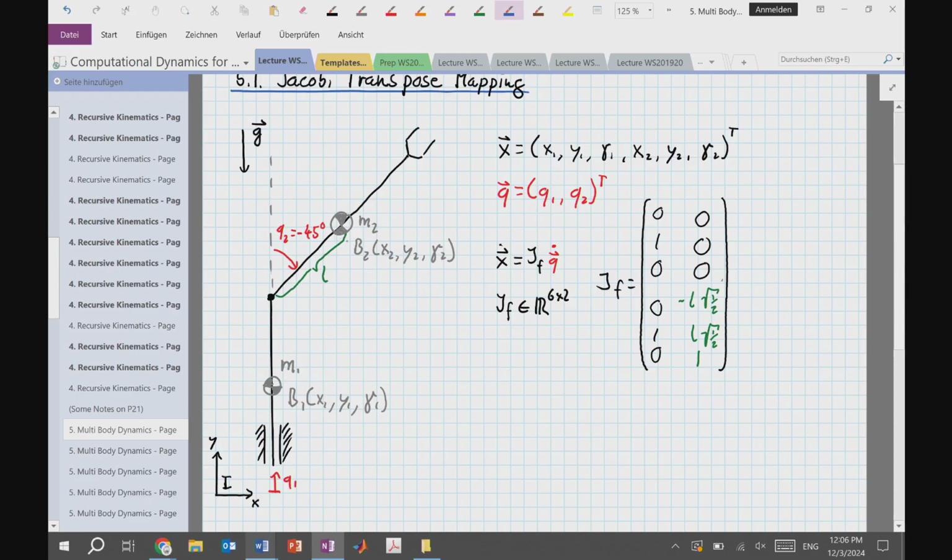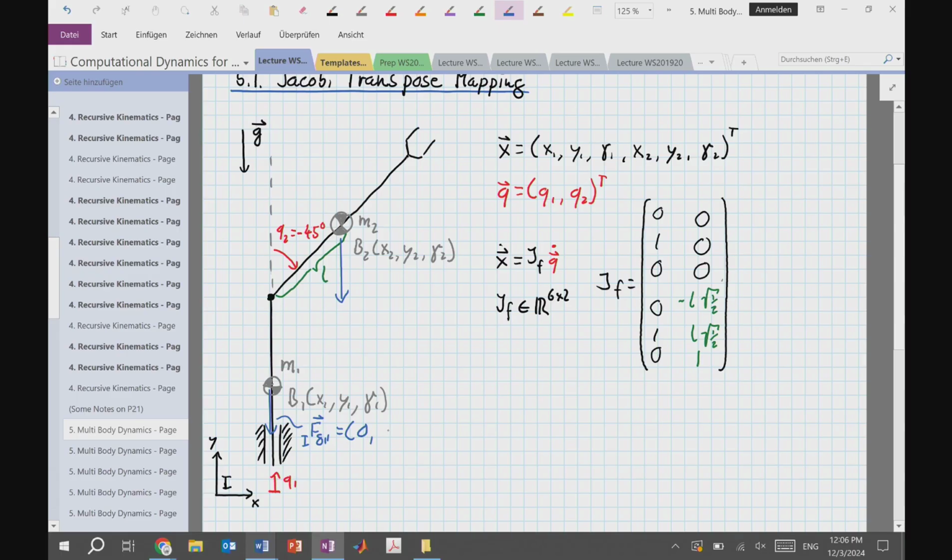But now this robot is hanging out on this planet, on Earth. And on Earth, we have gravity. So these masses will both experience forces that are pulling them down, right? And in this inertial frame of reference, my Fg, my gravitational force of body 1, is simply going to point in the negative y direction.